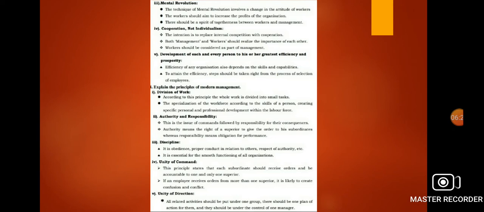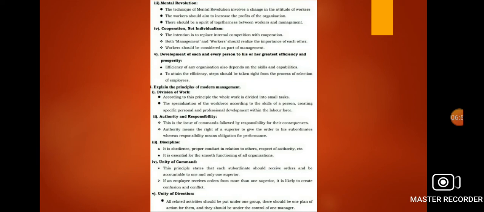Efficiency of any organization also depends on the skills and capabilities of its employees to a great extent. Employees should be scientifically selected. This ultimately helps to attain efficiency and prosperity for both organization and the employees. So these are all the principles of scientific management.